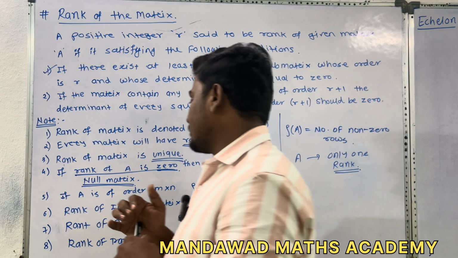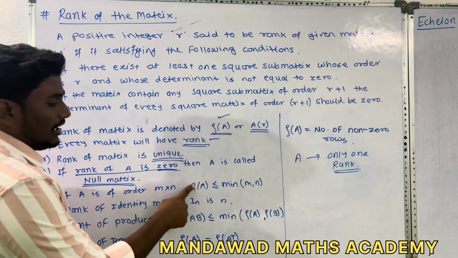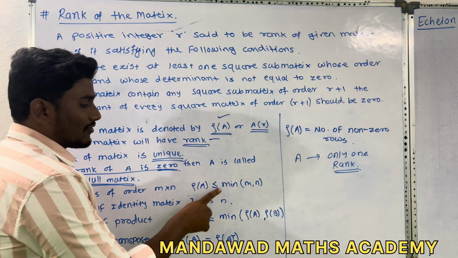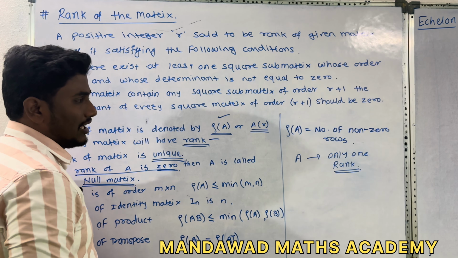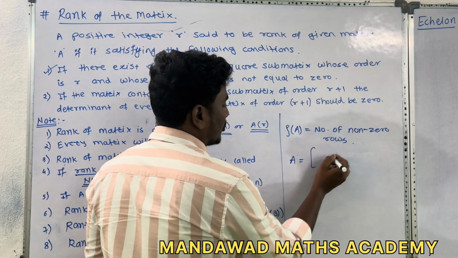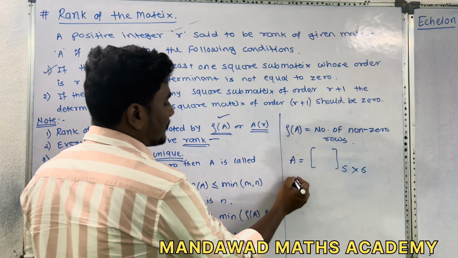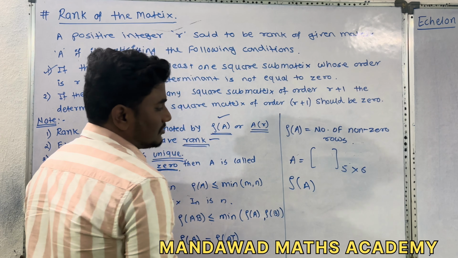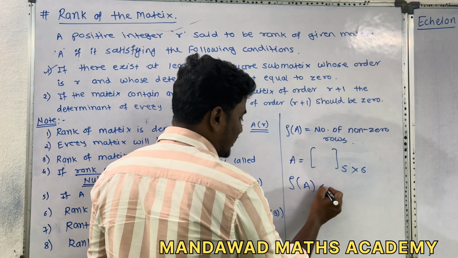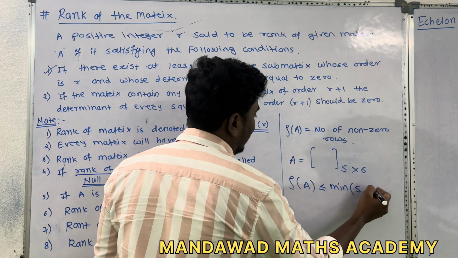Next, if A is of order m cross n, the rank of A should be less than or equal to the minimum of m comma n. Suppose for example I take a matrix A whose order is 5 cross 6. What is the possible rank of this A? The rank of A should be less than or equal to the minimum of 5 comma 6.